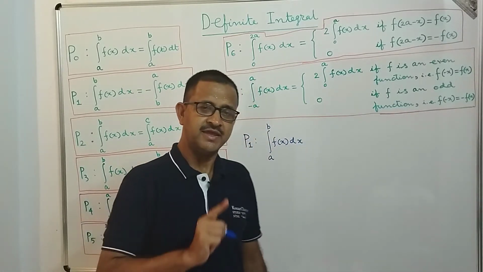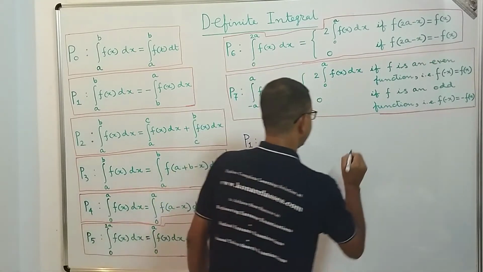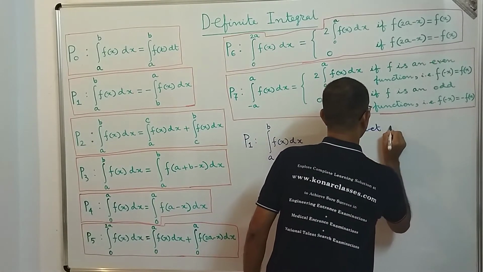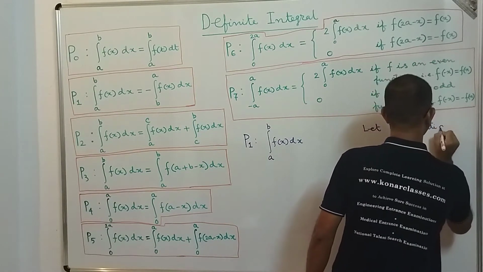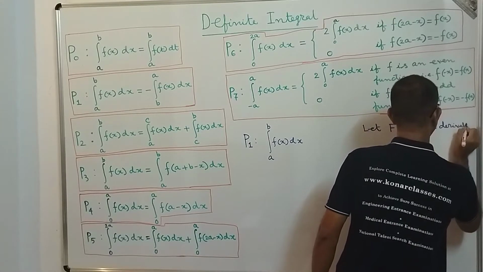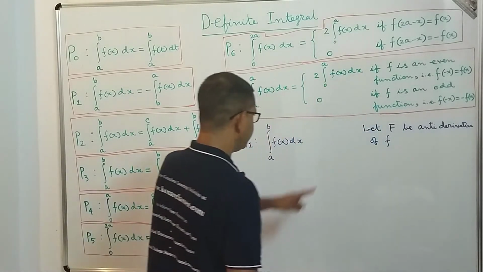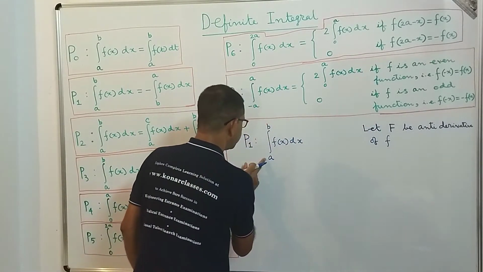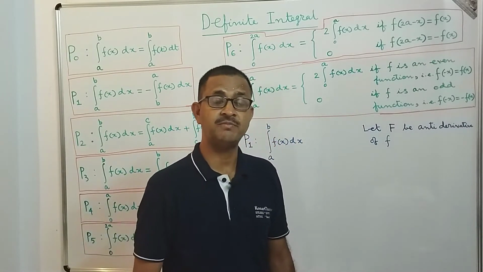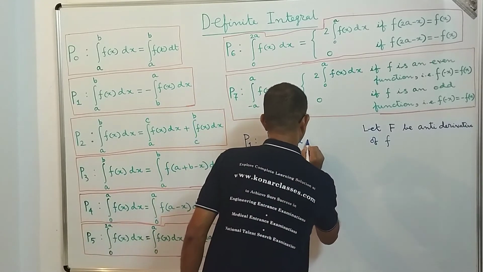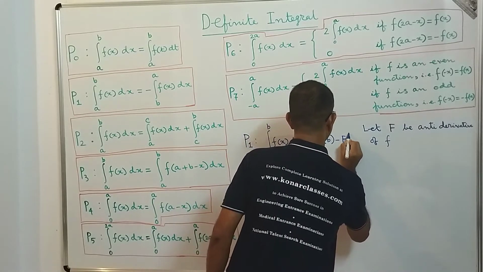If we find the antiderivative of lowercase f(x) dx, let capital F be the antiderivative of f. If this is the case, then integration a to b f(x) dx, from the second fundamental theorem of integral calculus, is equal to capital F(b) minus F(a).